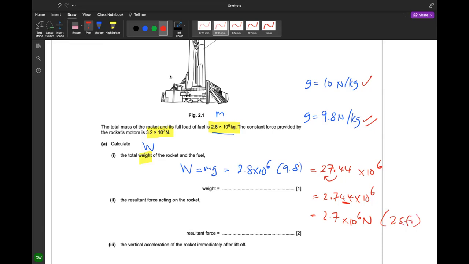Two significant figures. This is 7. Okay, this is going to be 7. When you move 1 unit to the right, it is going to be 7.